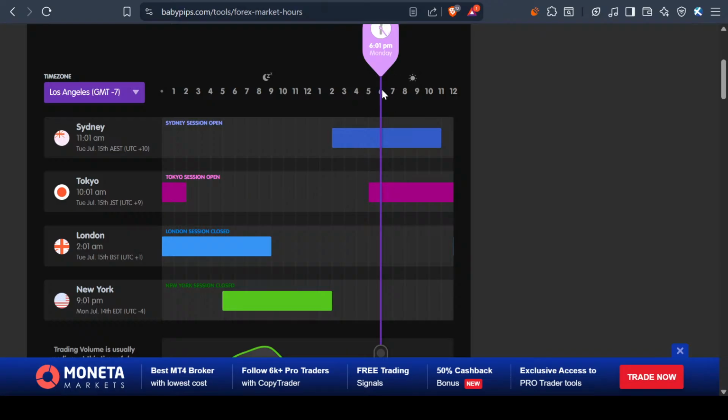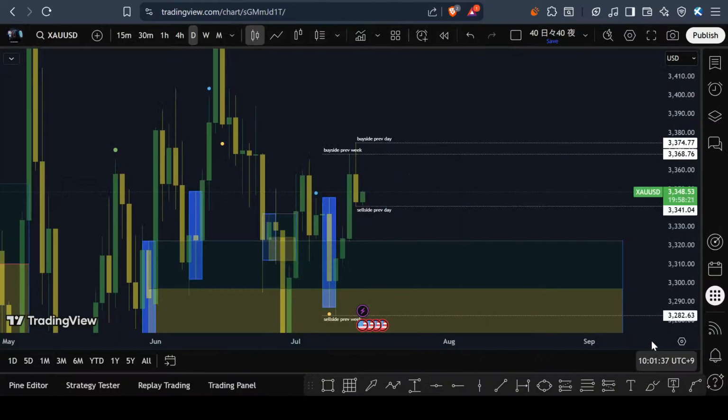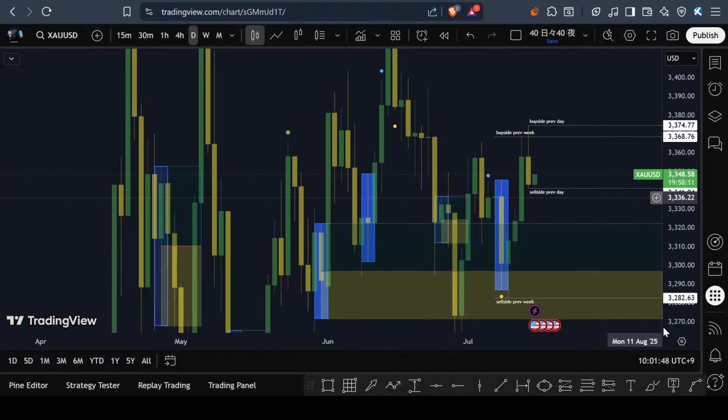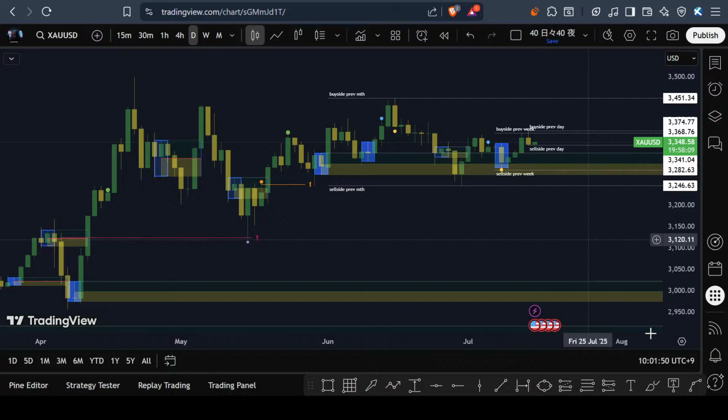Yeah, the market just opened like an hour ago, since the Tokyo market tends to open at 9 a.m. Well, I think it's best to look at the charts after 1 hour has come to light.